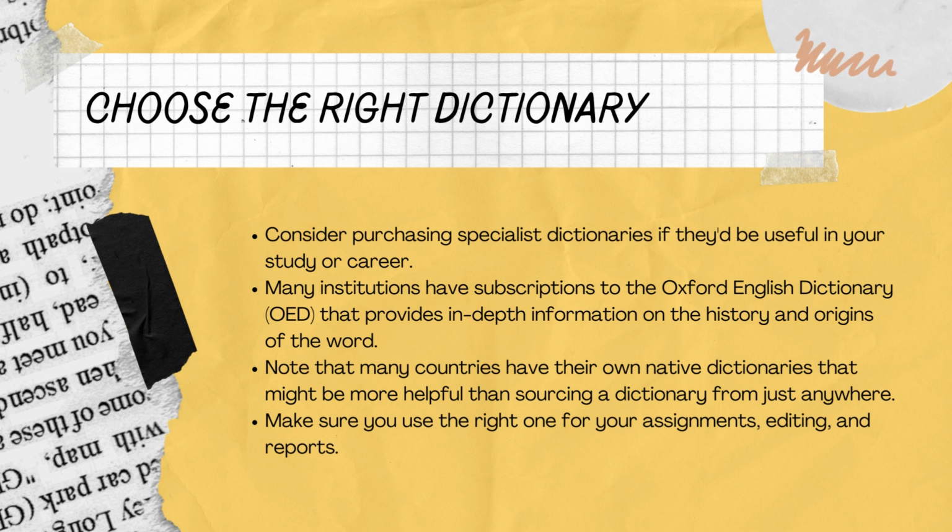Now you have to make sure that you use the right dictionary for your assignments, editing, and reports. Of course, if you need to look for synonyms, you use a synonym dictionary. If you need to look for the meaning of a word in English, you use an English dictionary. If you need to know the translation of one word in English to Spanish, you use an English to Spanish dictionary. It depends on your necessities, okay?